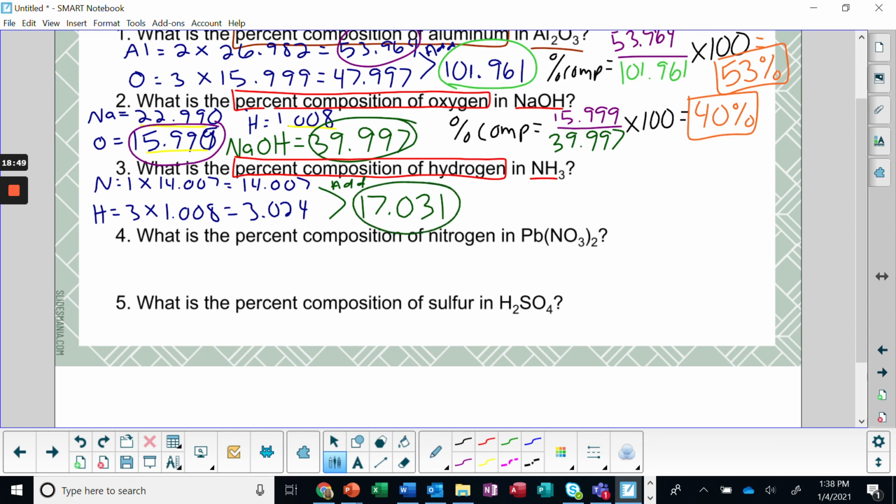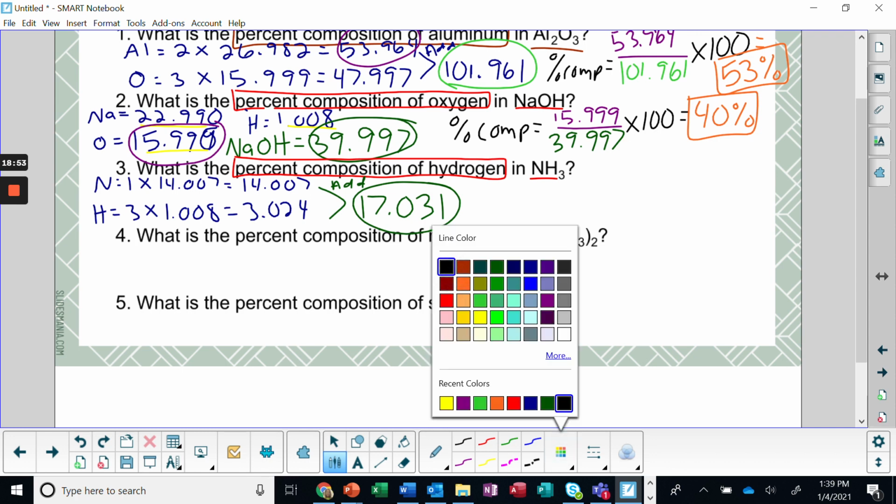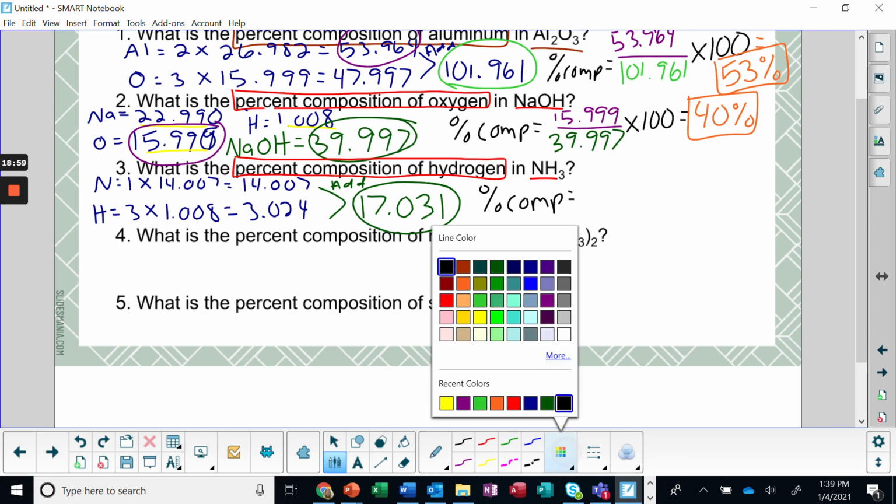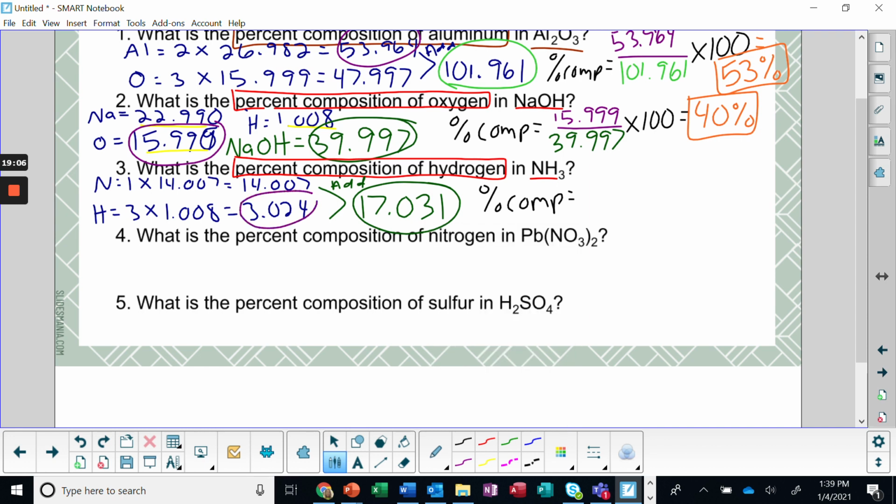So I know I'm going to need that guy. Now I'm going to plug it into our equation, our percent comp. I want the mass of the element they're asking about. They're asking about hydrogen, so I need this one.